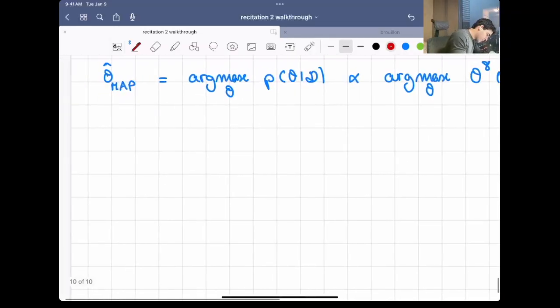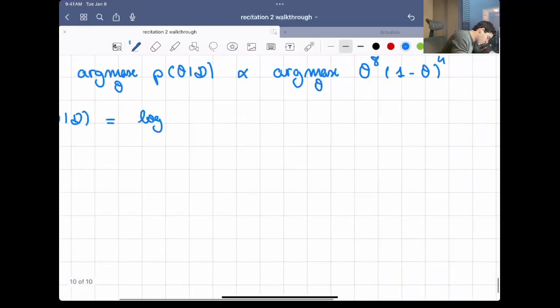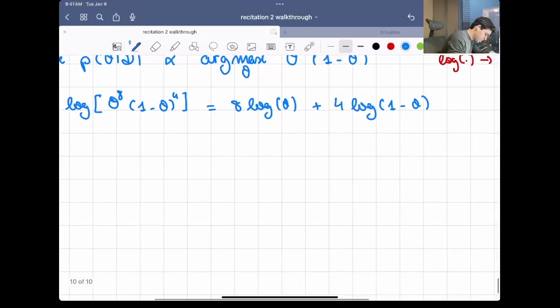Let's start with the first step. The log of the posterior is equal to the log of this. This is the log posterior.